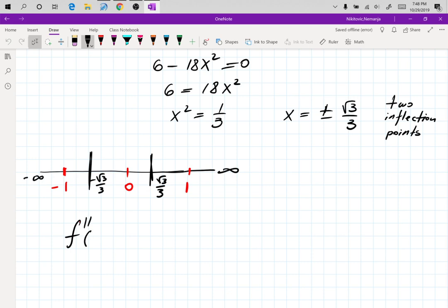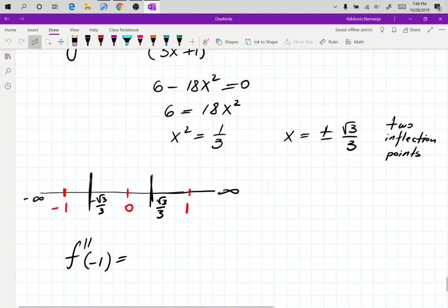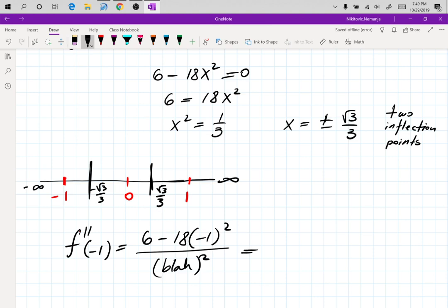The second derivative computed at -1. So what do I have? I have 6 minus 18 times (-1) squared divided by something squared. Why don't I care about the denominator? Because it's squared and it's always positive.